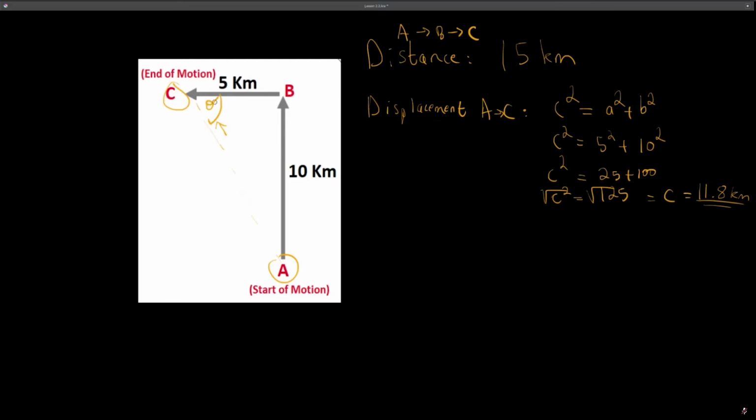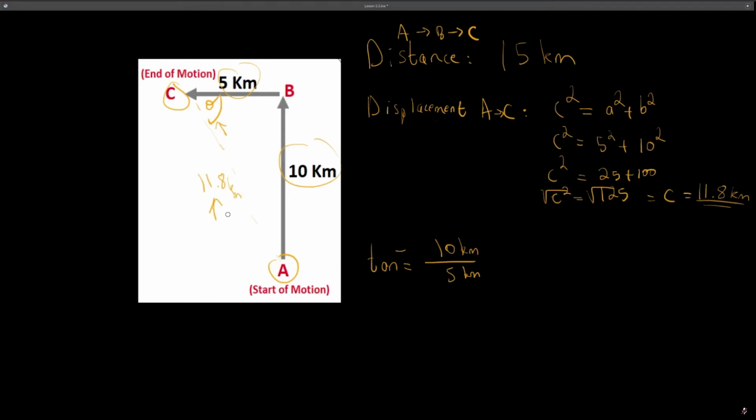Now to find this angle, simply we're going to do tangent is equal to 10 kilometers over 5 kilometers. Now on your calculator, you'd put tan -1, but it's best to take the tangent in this case because 5 kilometers and 10 kilometers is given, unlike your hypotenuse, which is 11.18 kilometers.